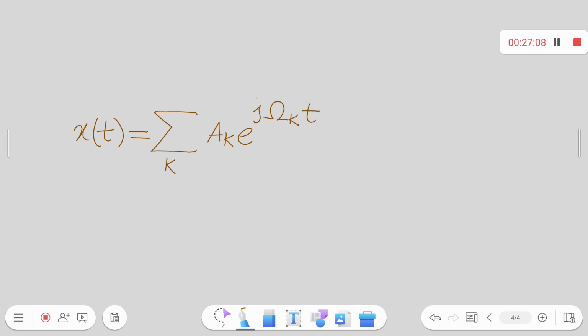So the kth complex sinusoid, having frequency omega k, is represented by e to the power j omega k t, multiplied with the weight a k for the kth sinusoid, and let's add them together to get the final signal x of t. I don't know whether I'll be getting this or not, but let's take this approach. Is it okay?